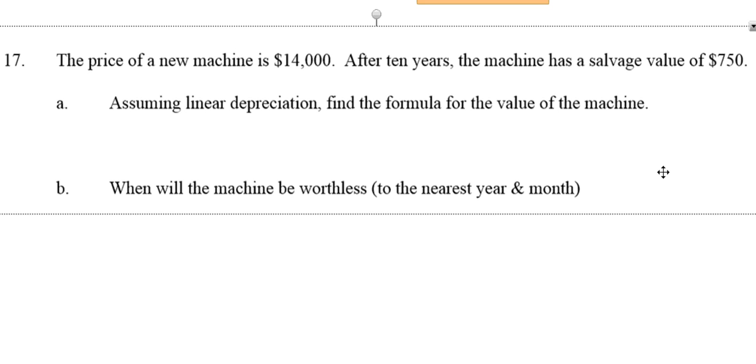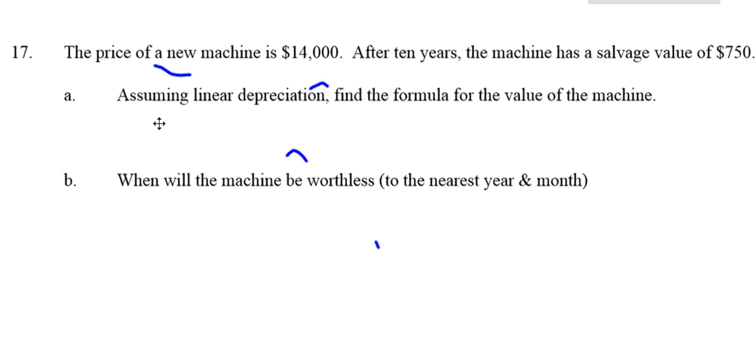So for this, which is another calculator question, the only thing you really have to do by hand is read the question to get the two data points. When it's new, it's worth $14,000. So that means when it's 0 years old, it's worth $14,000.